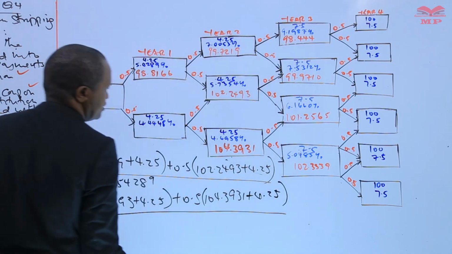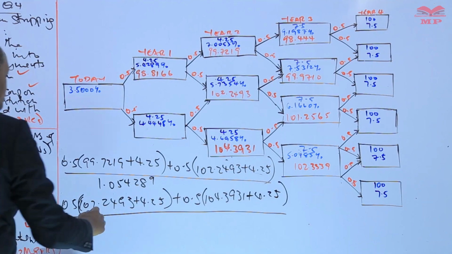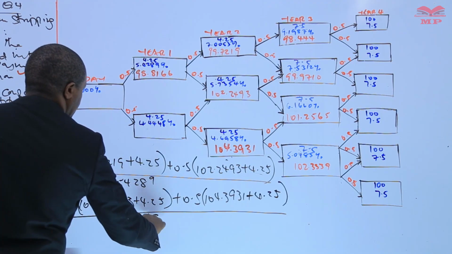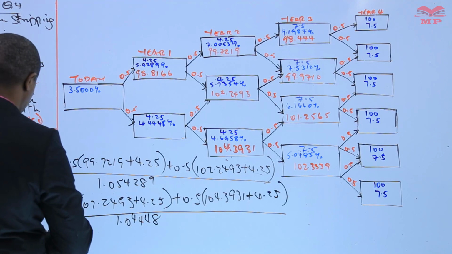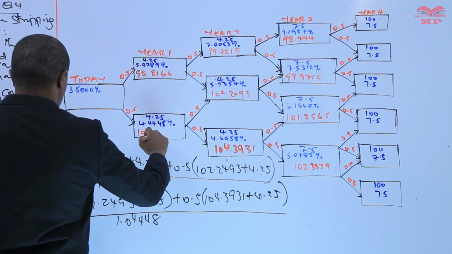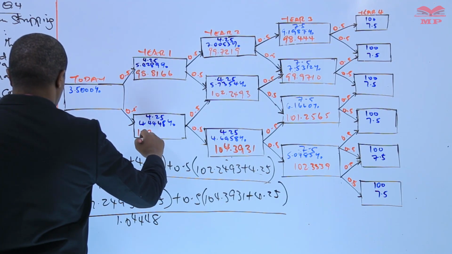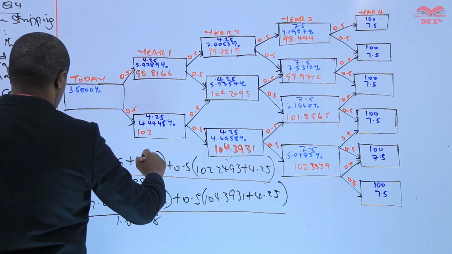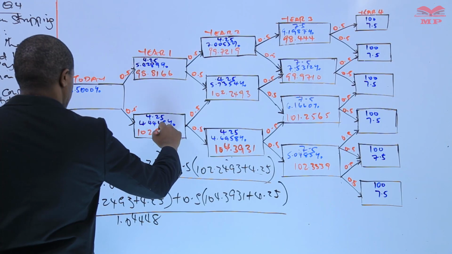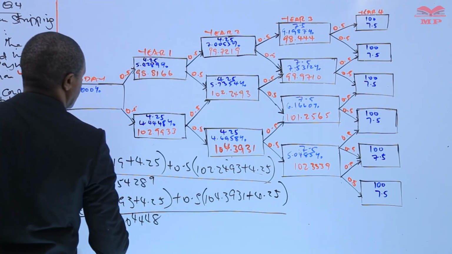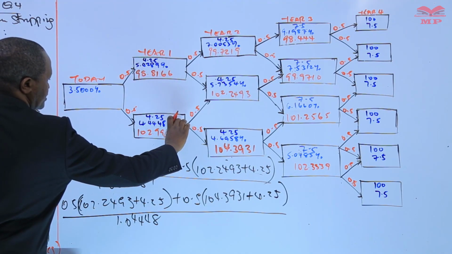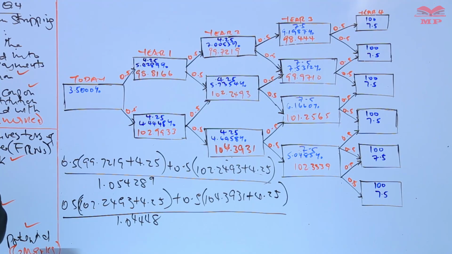Divide all that by 1.04448. The answer here is 102.933. That is at this point. Now we want to move to the last node.